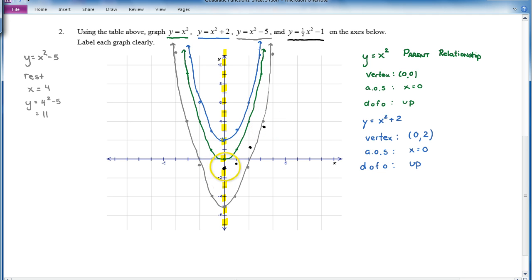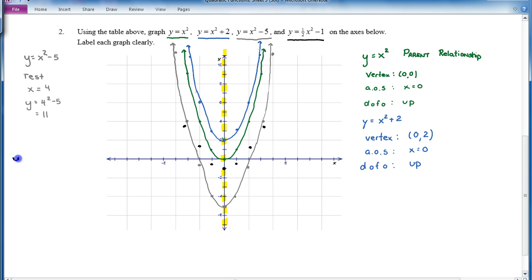And now remember this is symmetrical, so it's going to have the point there. If I go 1, 2 to the axis of symmetry, 1, 2, 3, 1, 2, 3.